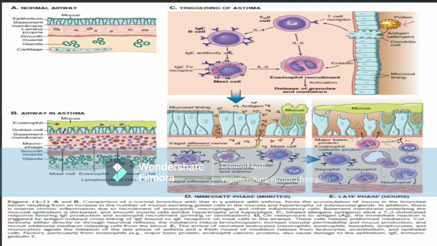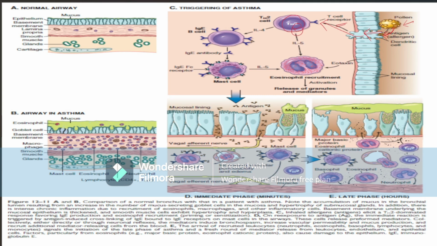This antigen first gets attached to antigen presenting cells like dendritic cells. These cells take the antigen into their cytosol and present it to T cell receptors, and the Th2 cells get stimulated and activated.